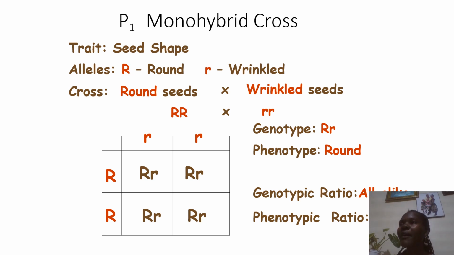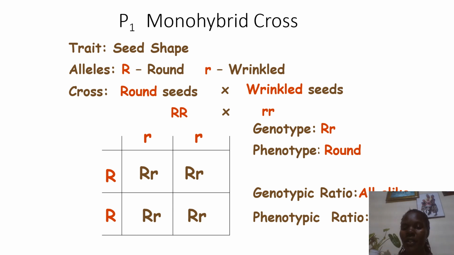The phenotype, they will all appear round because the allele for round is dominant over the allele for wrinkled. So the round allele will suppress the wrinkled allele. So the phenotype which will show for such F1s is that they all appear round.